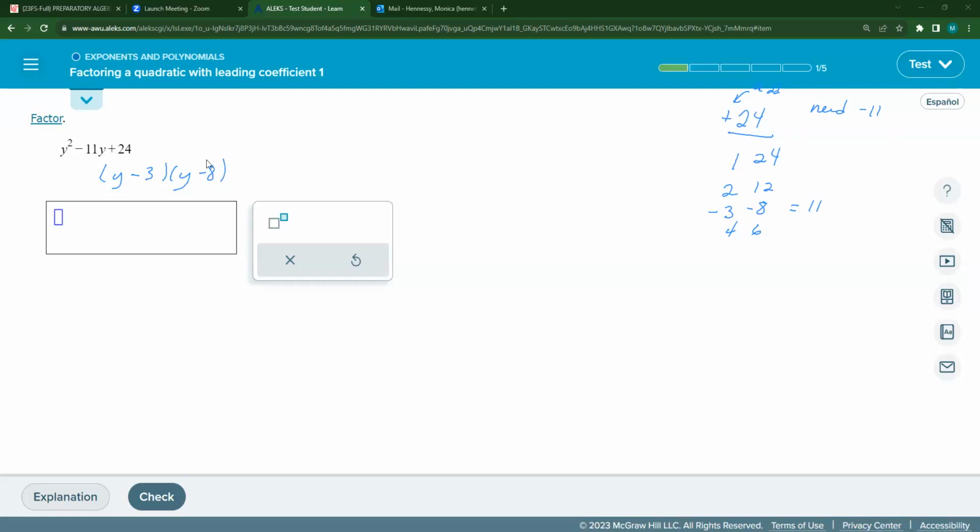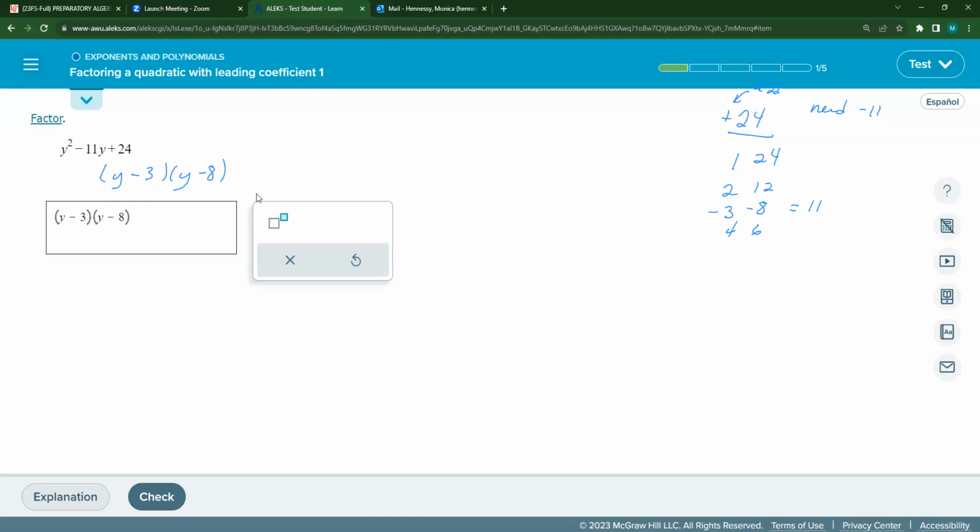All right, so we can type that in. y minus 3, y minus 8. And if my last term were a negative, then I'd have to mix and match. I'd have a subtraction problem for my factors, and that will work out like that.